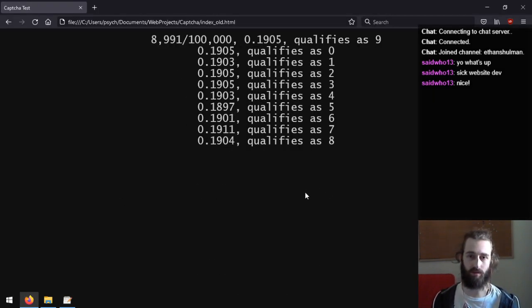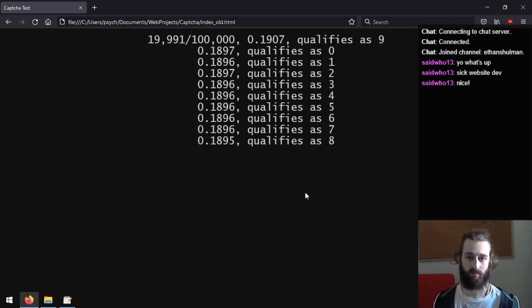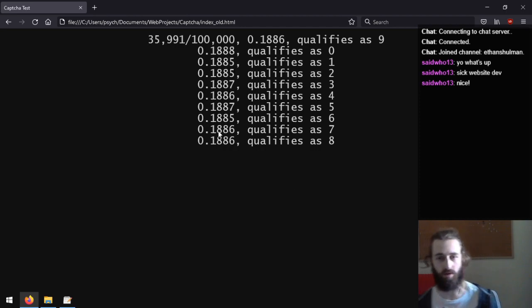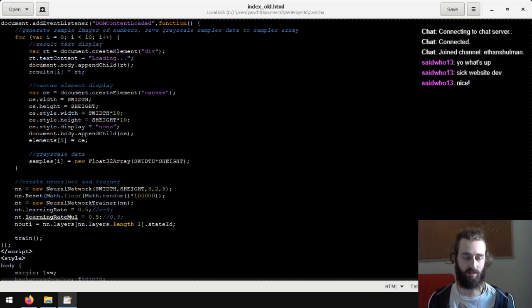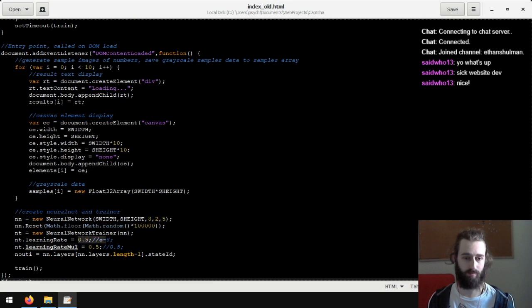We'll leave it here. It'll take a while to train. So you can see this is the loss of the neural network very slowly going down. Yeah, that's what makes me think the captcha is actually pretty good right now, is it is difficult to identify. But that is the other thing, is I might not have good hyperparameters.